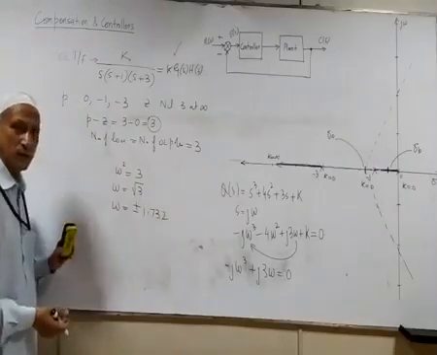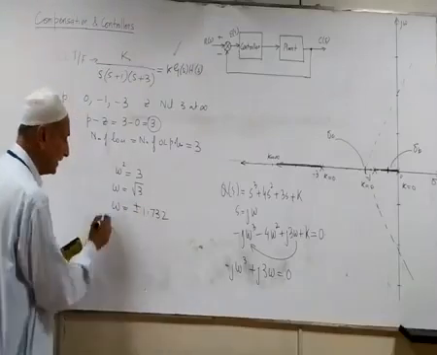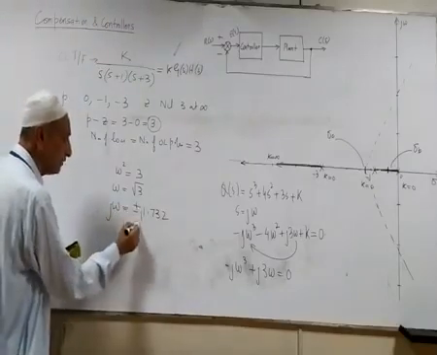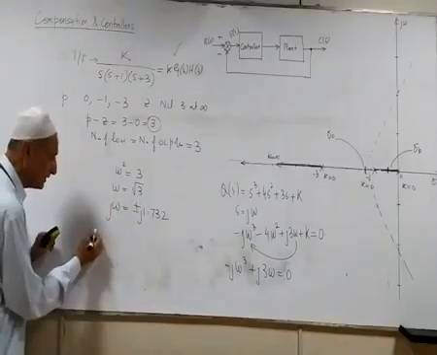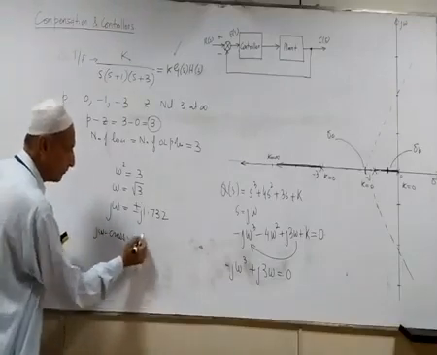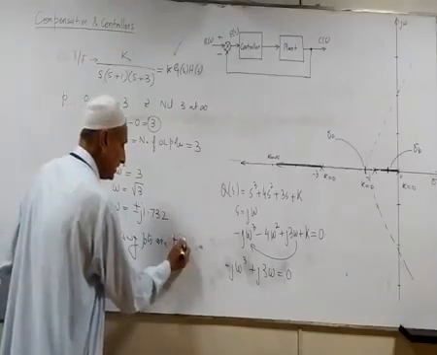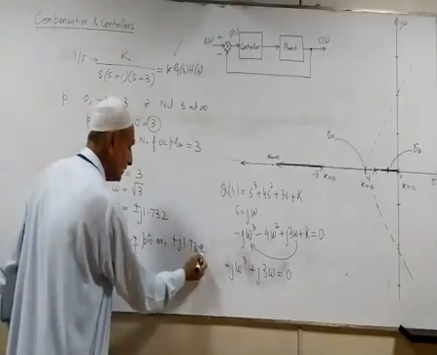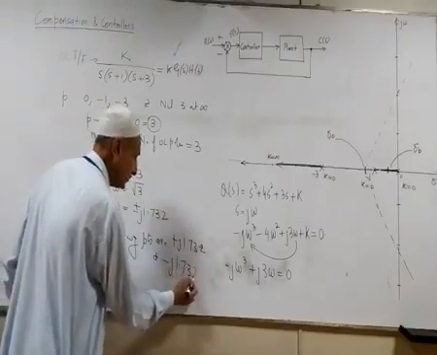Under root 3 is very familiar in electrical engineering, so it's easy, 1.732. Now incorporating j with both sides, that is multiplying with j, the j omega crossing points are plus j 1.732 and minus j 1.732.